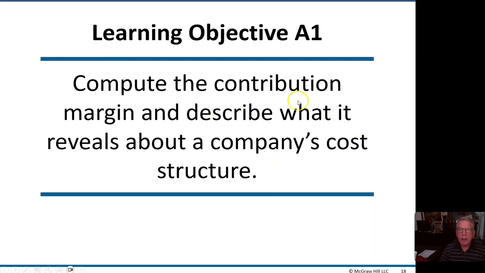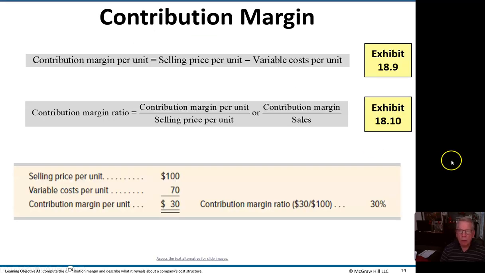So here we're going to take a look at computing the contribution margin and describing what it reveals about a company's structure. And what is that contribution margin? It's the selling price per unit, less the variable cost per unit. That's the contribution margin per unit.